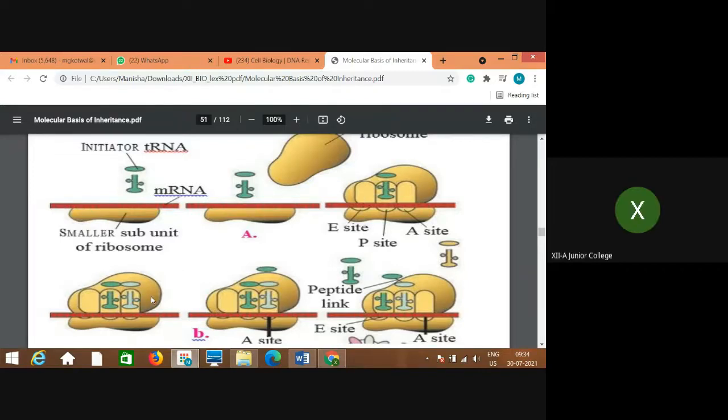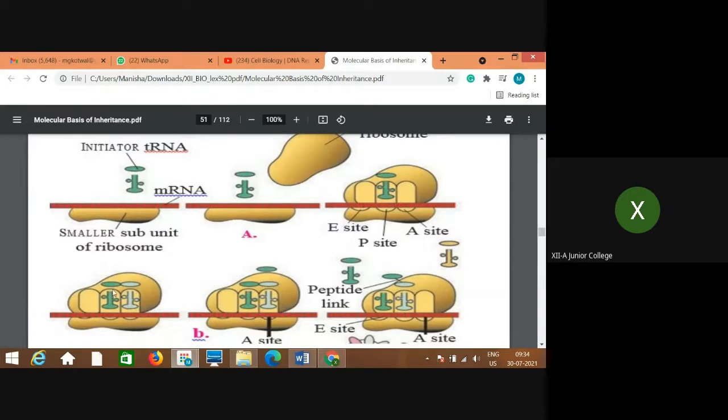Now see here, the second tRNA comes in contact with the second codon on mRNA, carrying the amino acid, with the complementary nitrogen bases on the anticodon loop. Then by hydrogen bonds, it gets attached to the codon on mRNA.